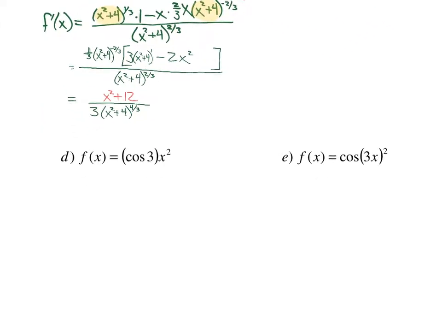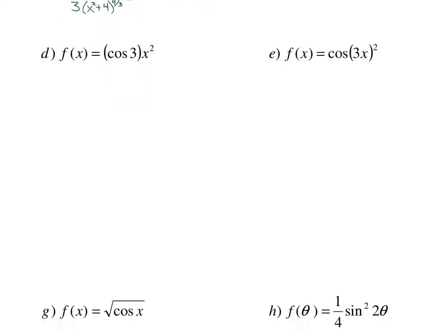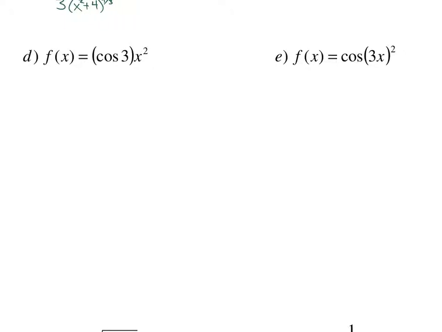All right, let's try these two. What's the difference between D and E here? D is multiplying cosines, but those are two terms, and E is like the one thing.